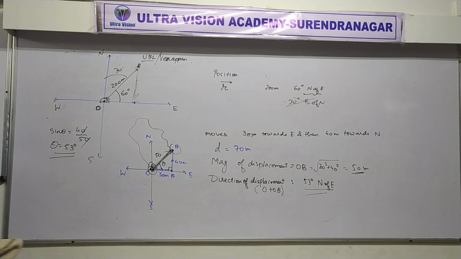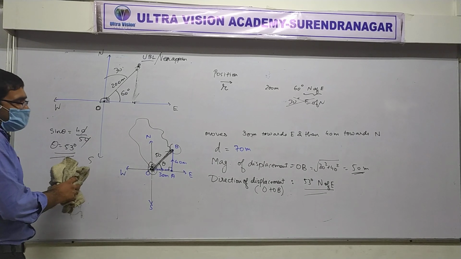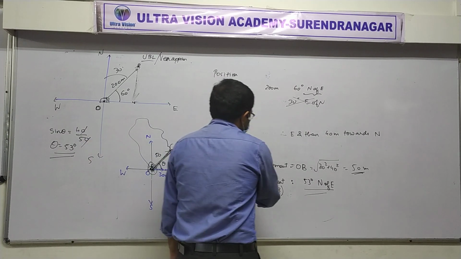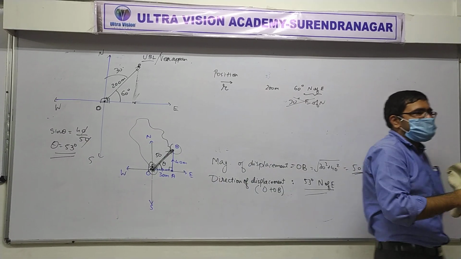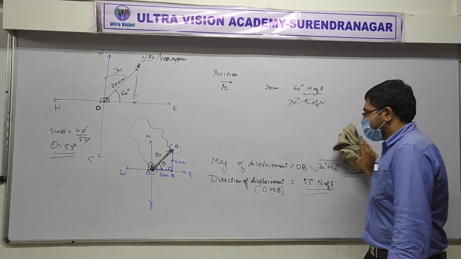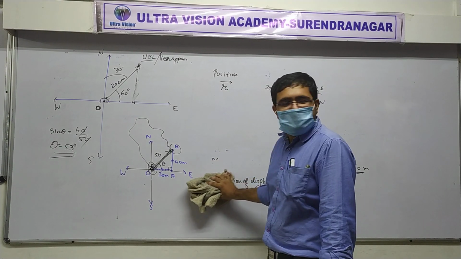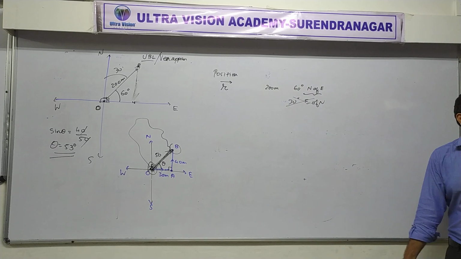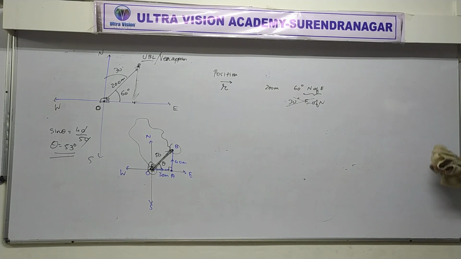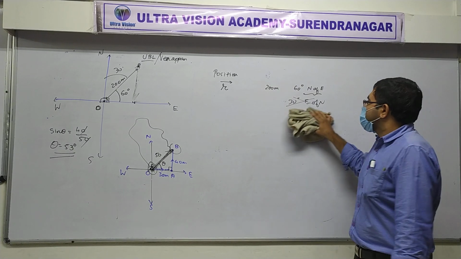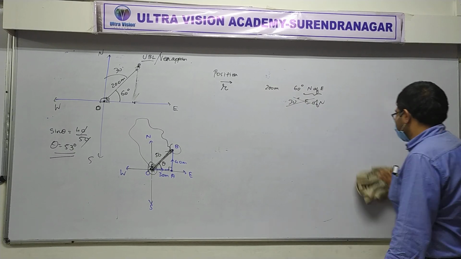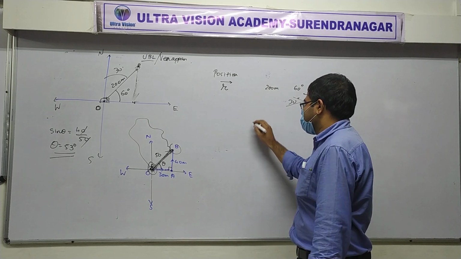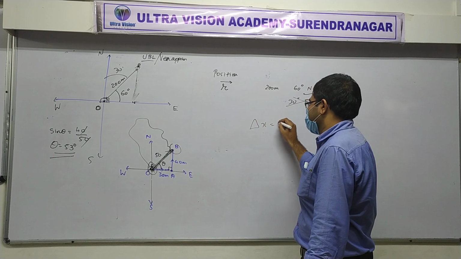Do you remember the formula of displacement from chapter 3? Raise your hand who remembers. Yes, Manan? Final minus initial. Very good, displacement is delta x which is equal to x final minus x initial.